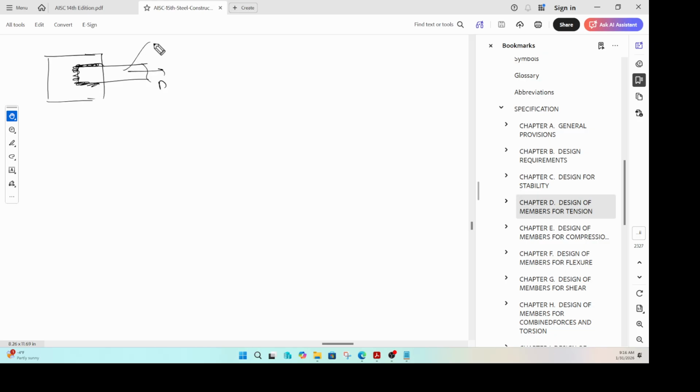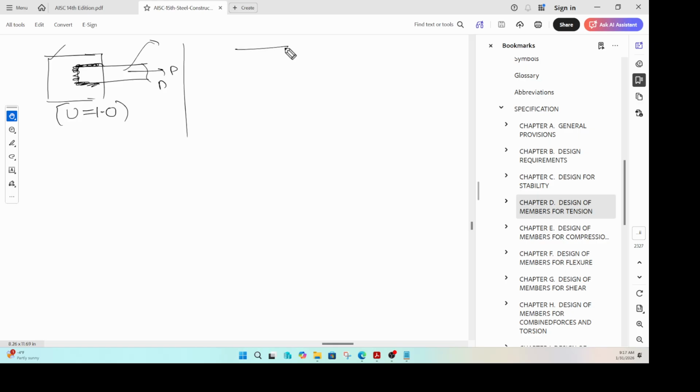So this only has one element because it doesn't have a web and a flange and all that. It is only one single plate, and the load is being applied, and all the elements in this particular component are connected to the gusset plate. So when you encounter a scenario like this, you don't have to do any reduction. That means your U value is equal to 1.